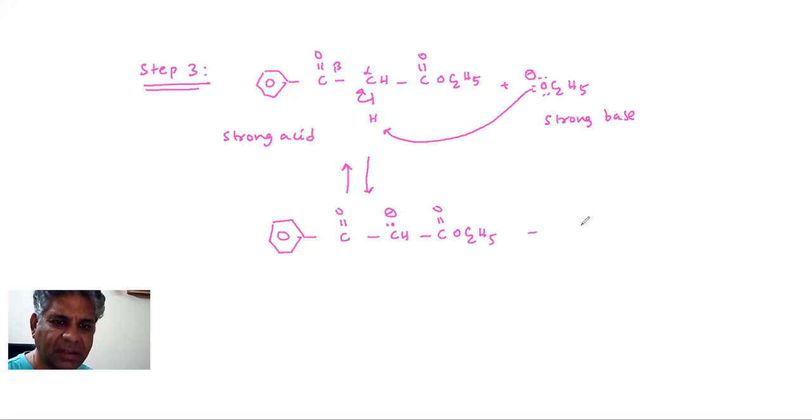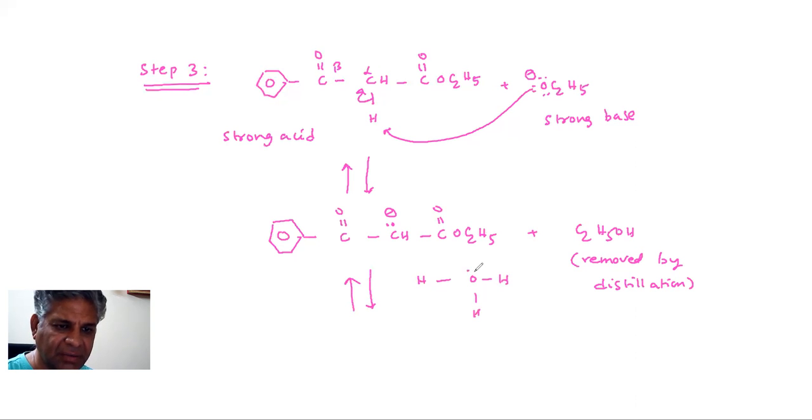Plus you'll get ethanol. Now this ethanol is removed by distillation. So once it is removed by distillation, then this equilibrium shifts more towards the formation of the carbanion, and then this carbanion on hydrolysis.